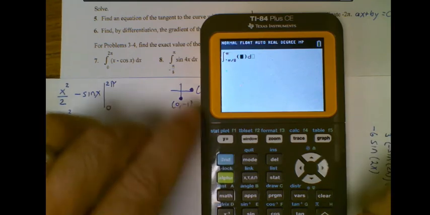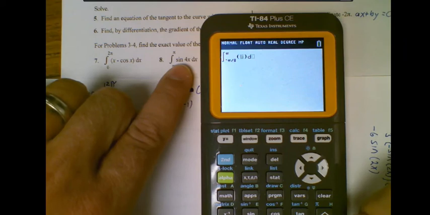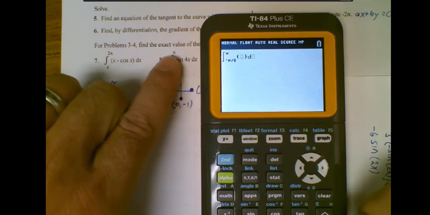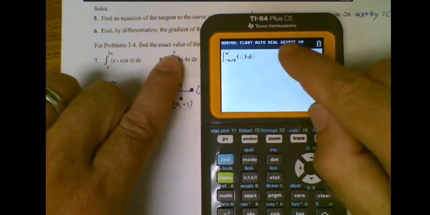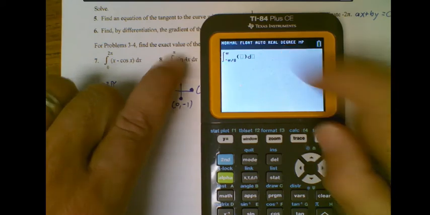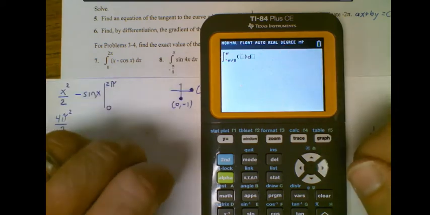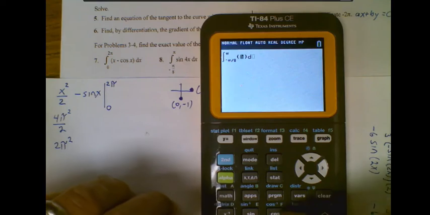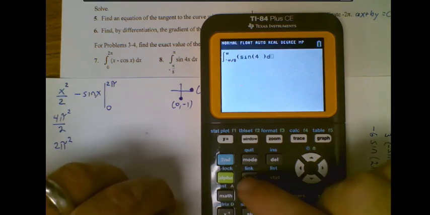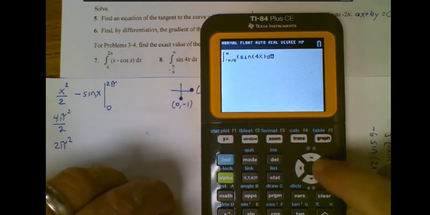Right here, I need to plug in the function, sine 4x. Keep in mind, if I'm doing this in terms of pi, I'm going to probably need to change to radians. We'll see if that matters, but I'm going to put in sine 4x dx.